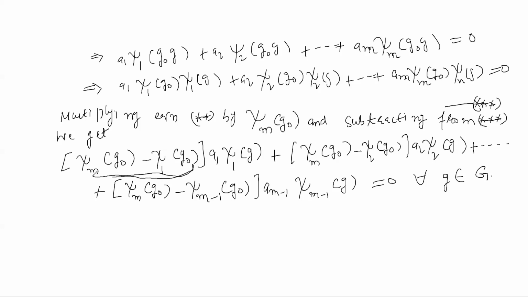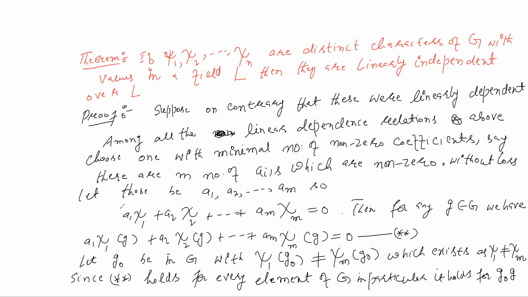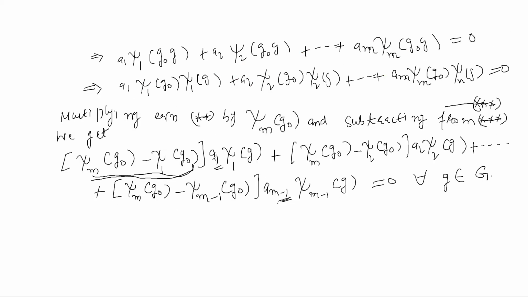But this is an equation with m minus 1 non-zero coefficients, which is a contradiction because we assumed that m is the minimal number of non-zero coefficients such that such a linear dependence relation is satisfied.